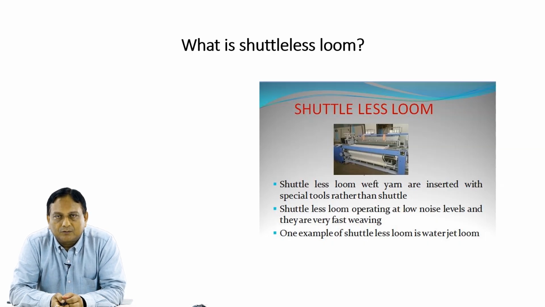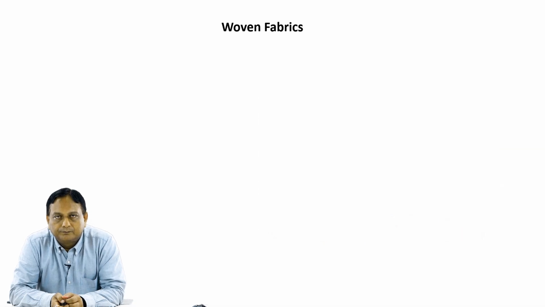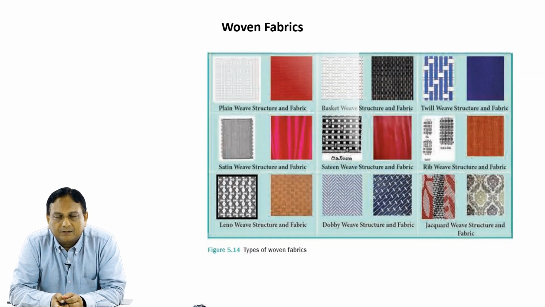One example of a shuttle-less loom is the water jet loom. As we have seen, different mechanisms are adopted for woven fabrics, like plain fabrics, basket fabrics, twill fabrics or satin fabrics. Those kinds of fabrics are produced from the normal woven material or the tappet shedding operations. Then comes a little bit of designed fabric. Those are produced from the dobby, and dobby structures or dobby weave get produced out of that.